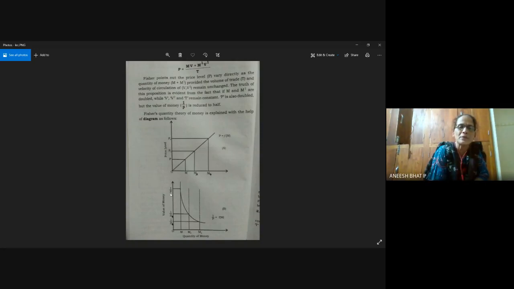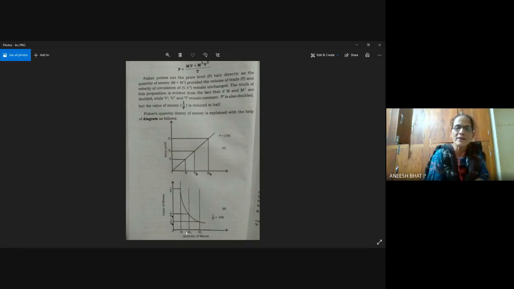Reciprocal relationship, right? Then when the quantity of money doubles, that is from OM to OM2, look here, the value of money goes down to 1 by P2. When supply of money doubles, value of money falls to 1 by P2.